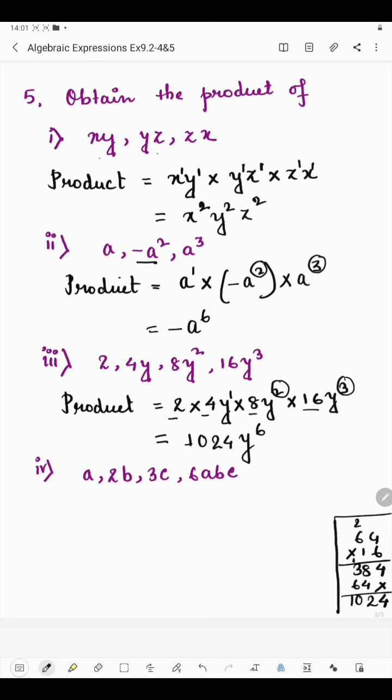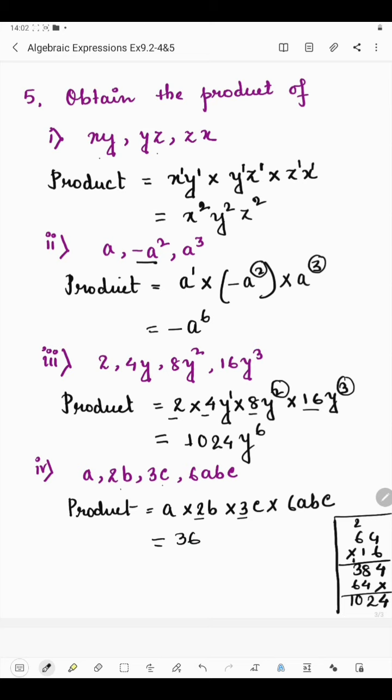Now in the fourth part we have a, 2b, 3c and 6abc. So we'll have to find the product. So a multiplied by 2b multiplied by 3c multiplied by 6abc. So at first we will multiply the numbers. So 2 3s are 6, 6 6s are 36.